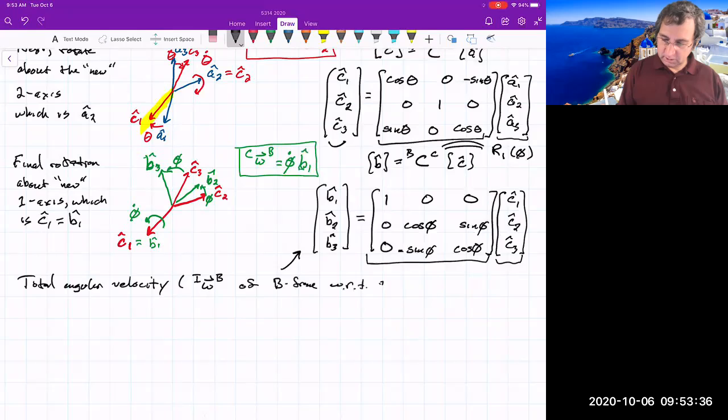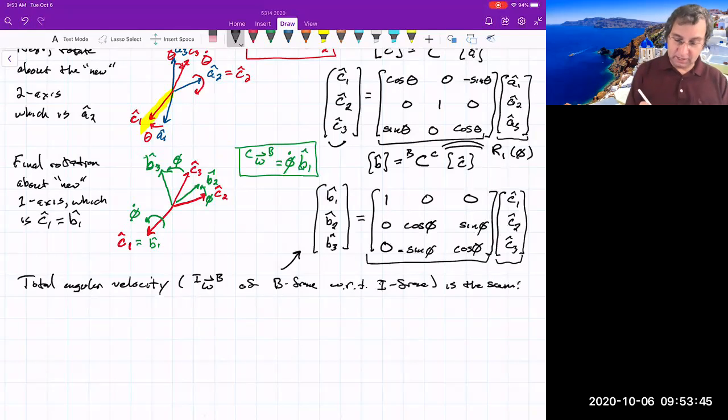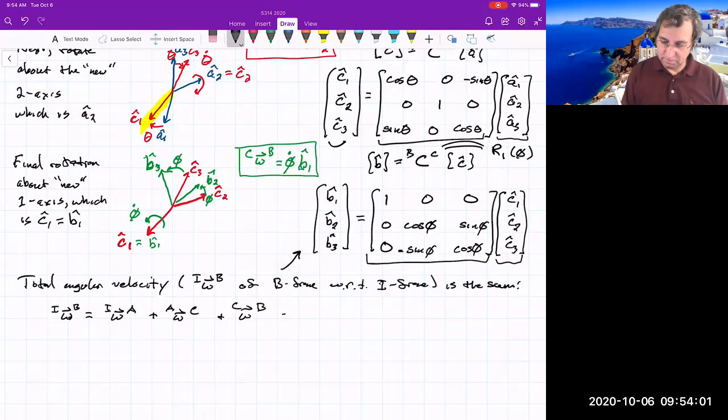It's a sum by the angular velocity addition formula. If you remember that, we just start adding things up. So we went from the I frame to the A frame, and then from the A frame to the C frame, and then from the C frame to the B frame. So we add all of those up.